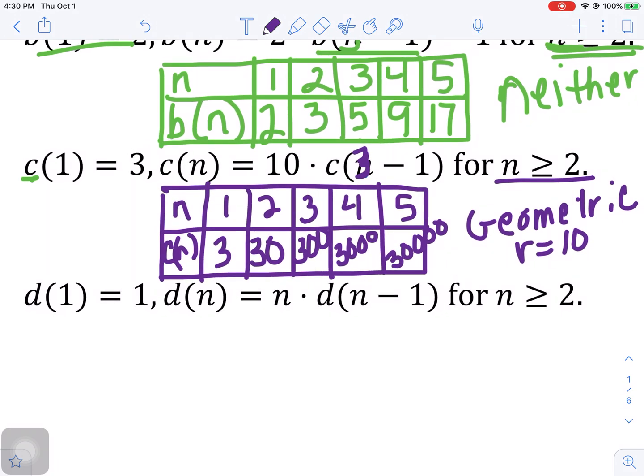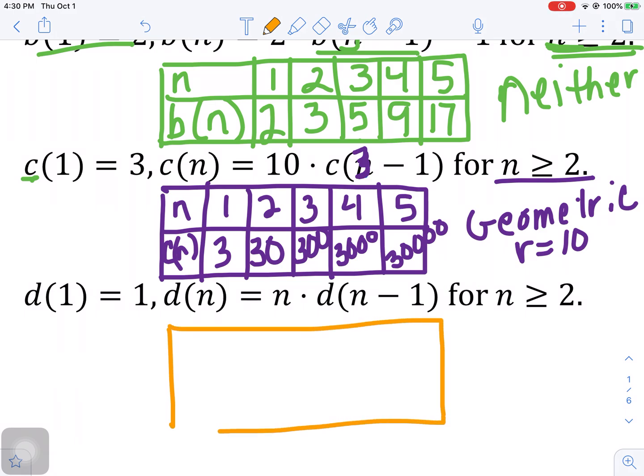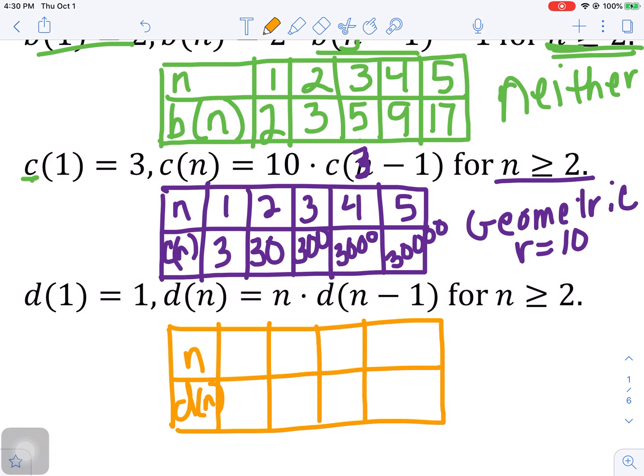And finally, the last one here, make it orange. Our function D, we'd have n here and d of n here. And then we've got 1, 2, 3, 4, and 5 terms. And then if you put 1 in for n, we get 1 back out, because that's how the function is defined.